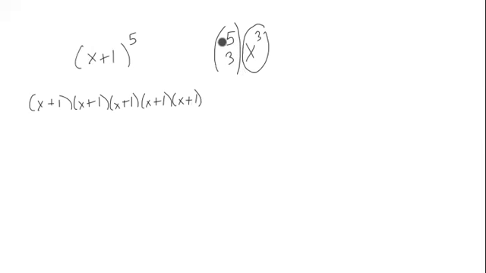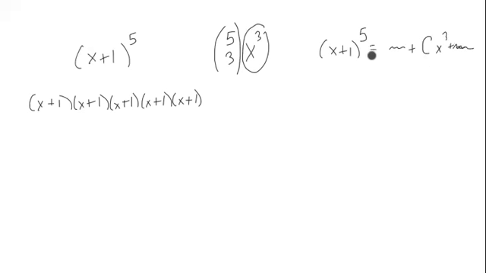Now, if you want to figure out what 5 choose 3 is, you could use Pascal's triangle. Or you can think of the following. X plus 1 to the fifth is equal to something, and then you add what you're after, I'll call it c times x cubed, plus other things.